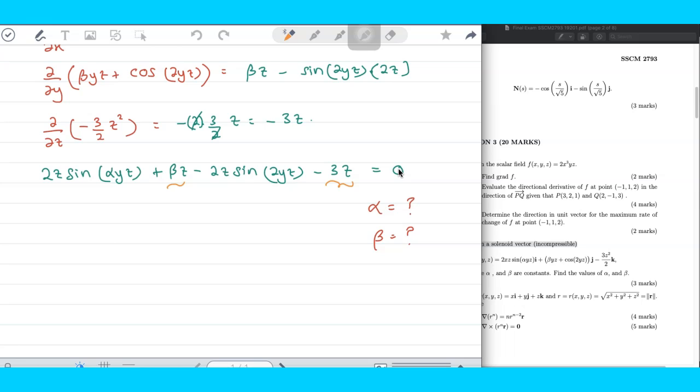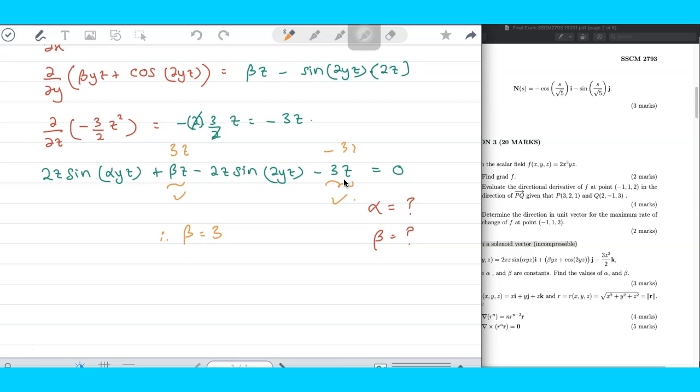So we want to make sure this is 0 at the end, so these terms should cancel. So beta is 3: if beta is 3z and you have minus 3z, you get 0.